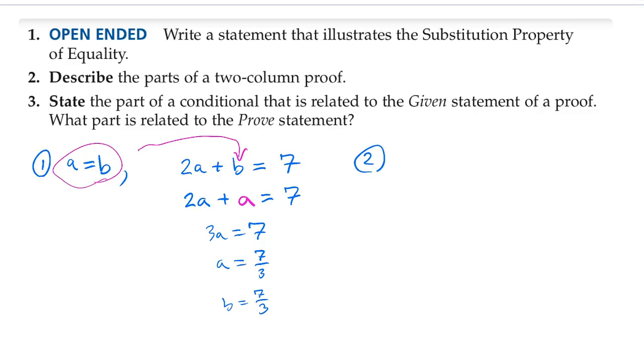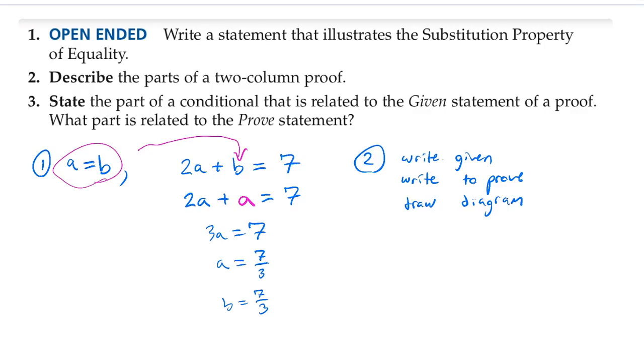So 2, describe the parts of a 2-column proof. Okay, so first we write the given. And I'm not even talking about in the proof, where I'm talking about above. Okay, we write the to prove. Okay, we draw a diagram. Again, this is optional. Some don't require a diagram, but I'd say 90% of proofs do.